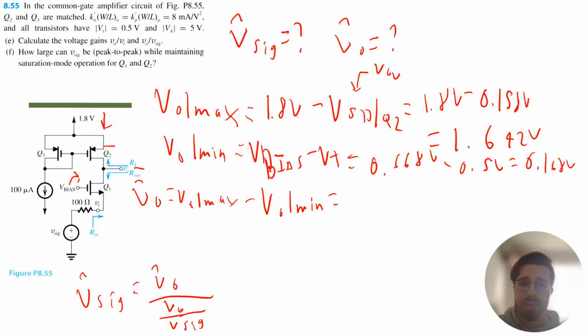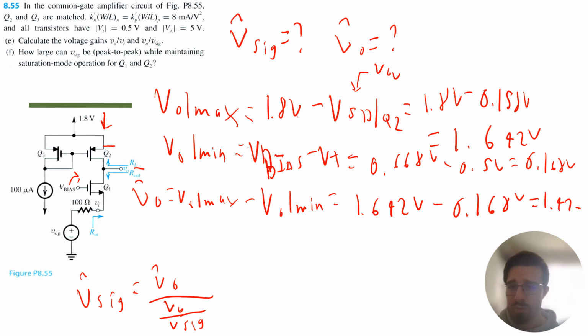and that would be 0.168 volts. So that means the peak-to-peak output voltage is equal to 1.642 volts minus 0.168 volts, and that is equal to 1.474 volts. So now all I have to do to calculate Vsig is take my peak-to-peak output voltage, which is 1.474 volts, and divide it by the gain, which we calculated in the previous problem to be 30.19 volt per volt.